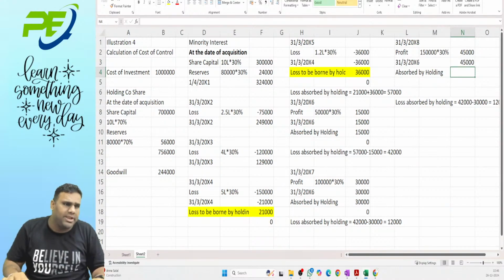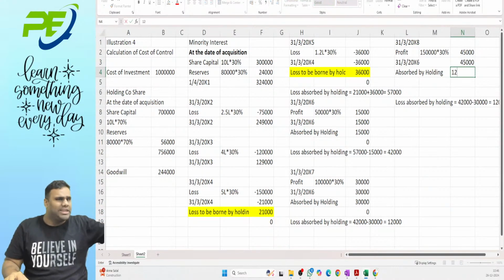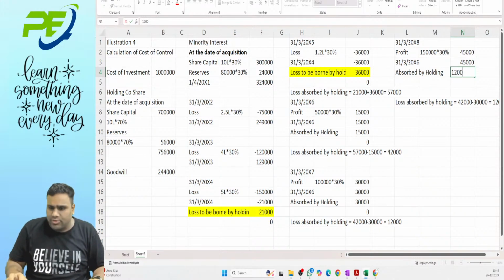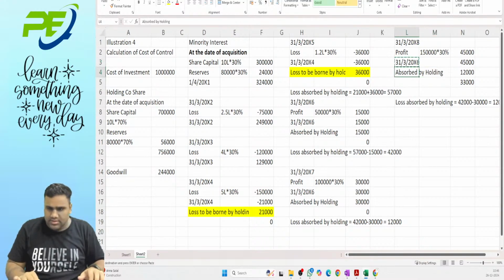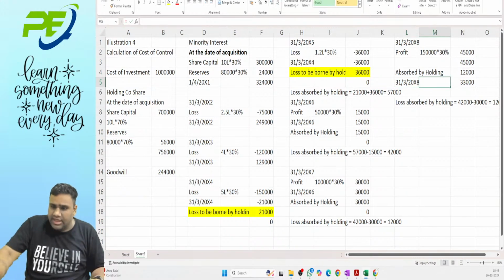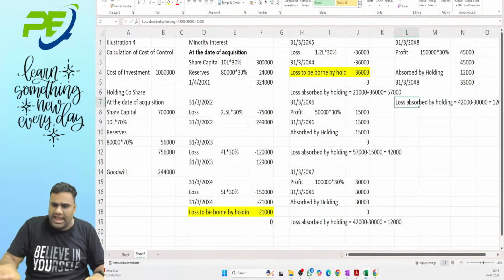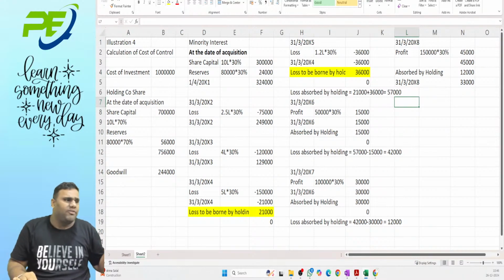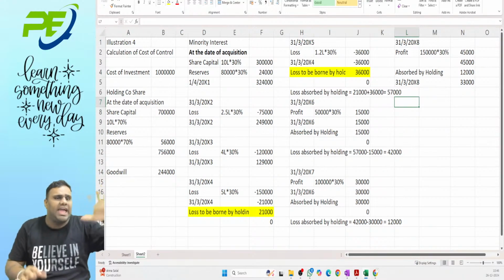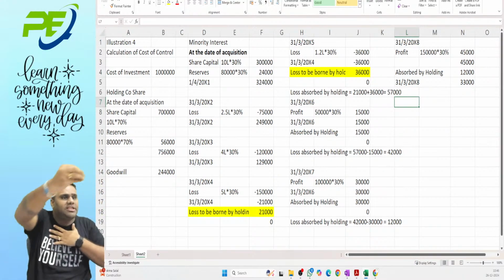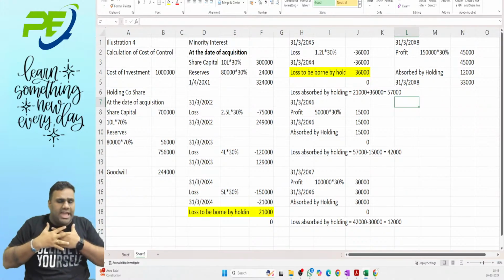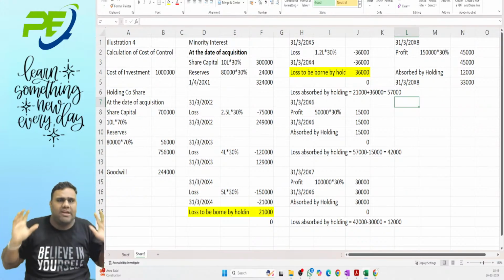Now the holding company cannot take beyond 12,000. So the minority share is 33,000 and the loss will go away. Why? Because the entire loss the holding company absorbed, they have got it back.